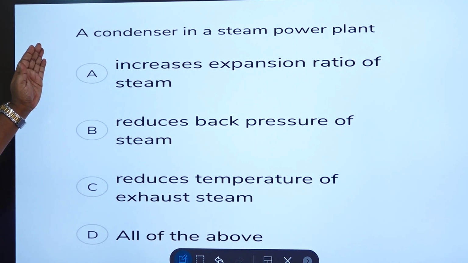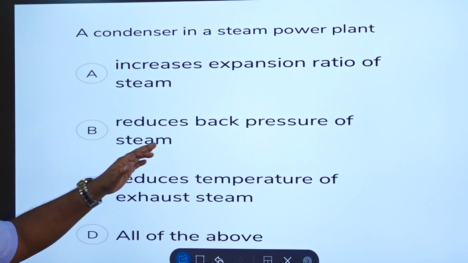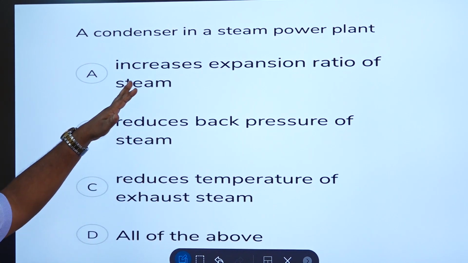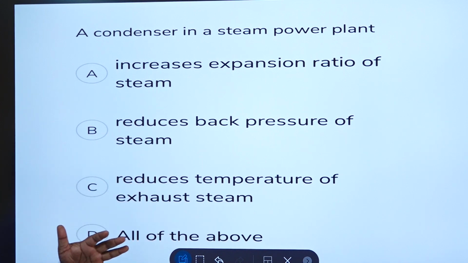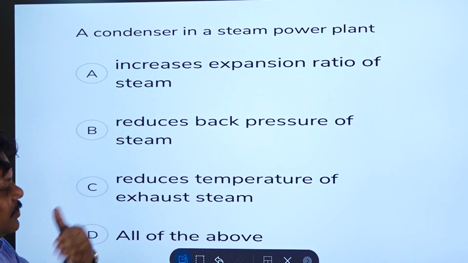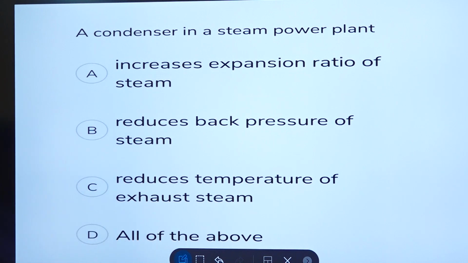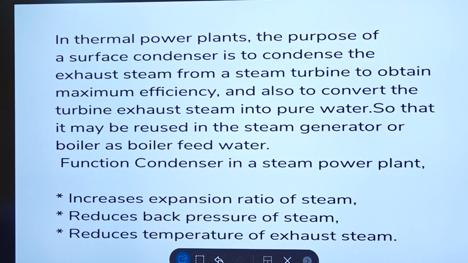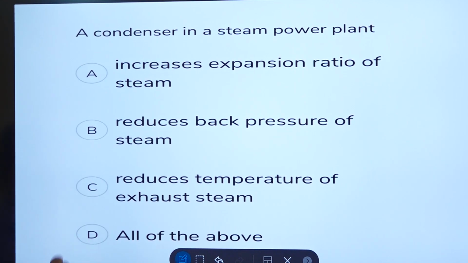Sure, because the condenser is used for condensing the exhaust coming out from the turbine, it reduces the temperature and the back pressure, and it also increases the expansion ratio of the steam. So all three answers are right. The option is all of the above, so D is the right answer.